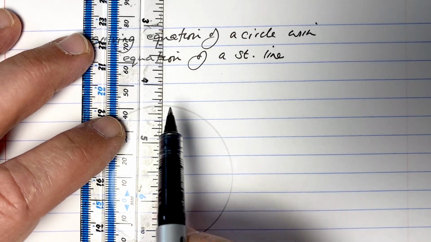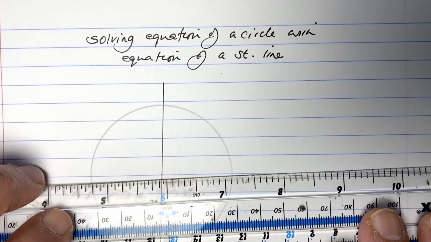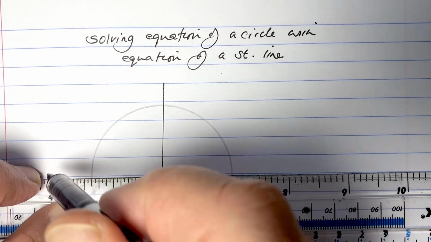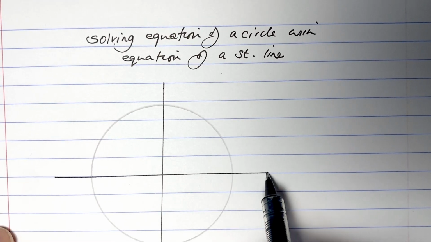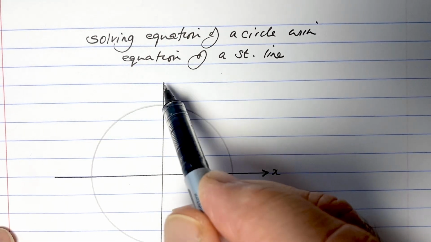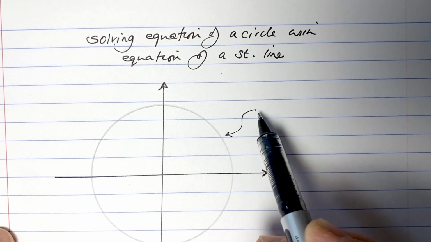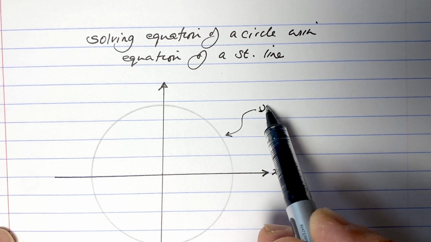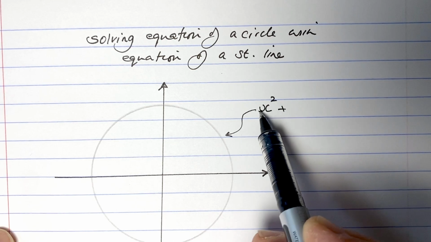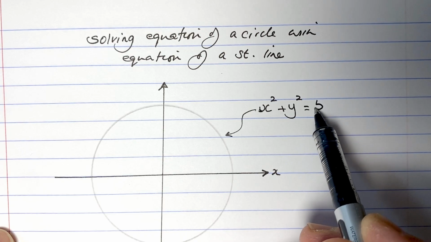Let's, for the sake of argument, say I've got a circle with the equation x squared plus y squared equals 5.